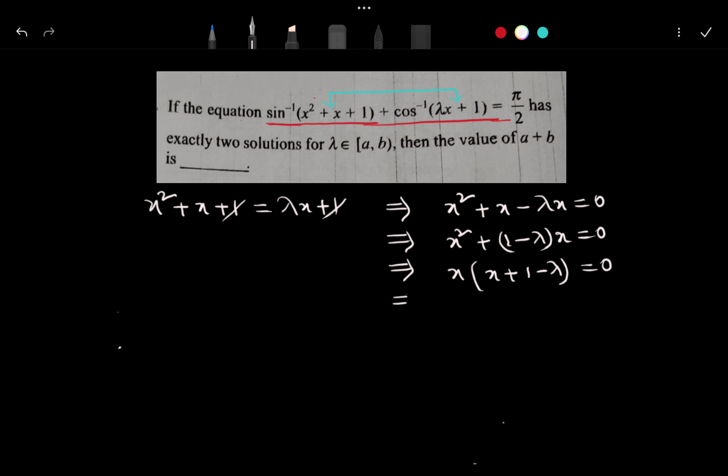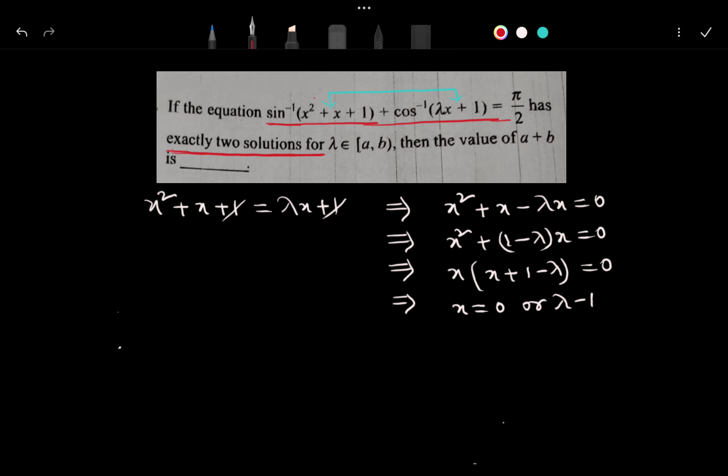So what is the x value? x will be equal to 0 or lambda minus 1. So in this question, this equation has exactly two solutions.